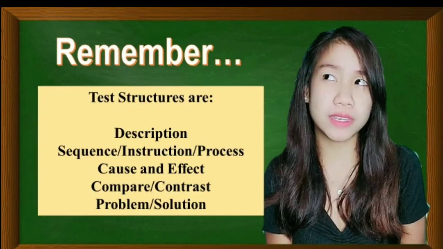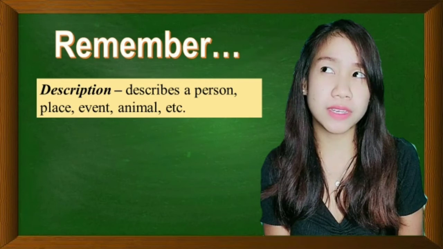And in this module, you also learn about the structures. These are description, sequence or instruction or process, cause and effect, compare and contrast, and problem or solution. So you have to remember all the definitions of these text structures because these will be of help on your examination. We have description.